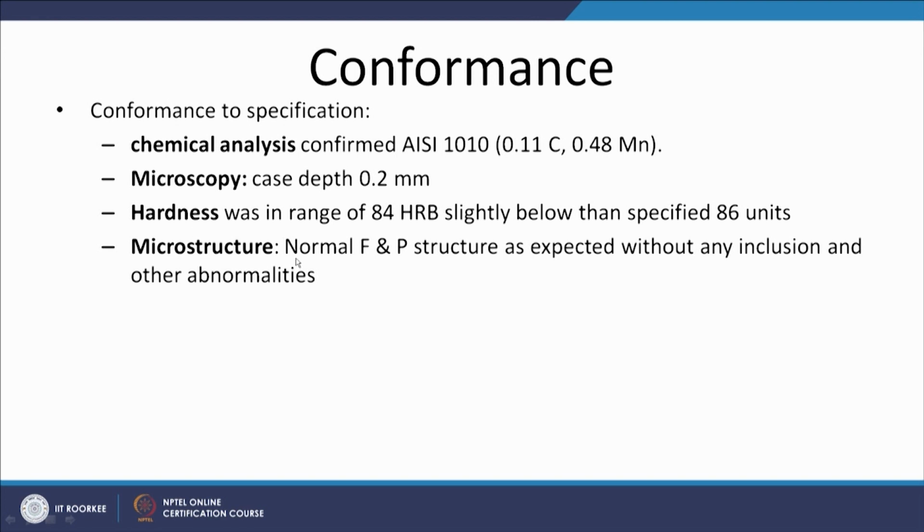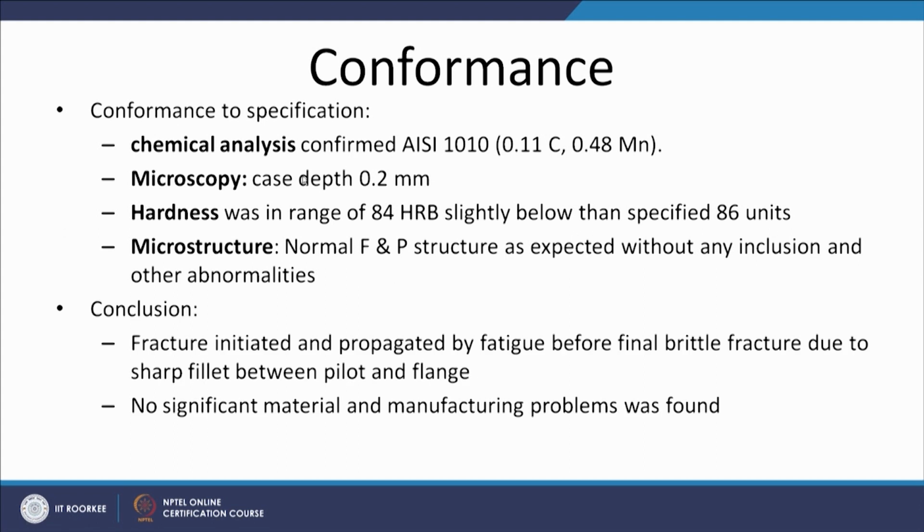And the microstructure, because it was of low carbon steel, had the normal ferrite and pearlitic structure as expected, without any inclusion and other abnormalities. So, this analysis showed that the fracture initiated and propagated by fatigue, and before final fracture the crack grew at the junction where change in cross section was taking place.